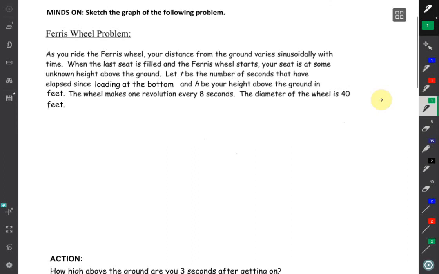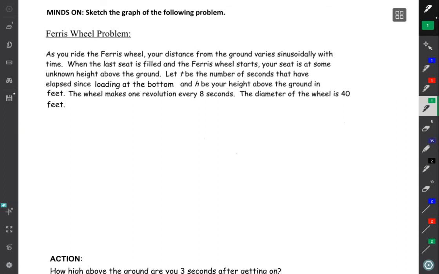Whenever I draw sinusoidal functions, we're always concerned about those 4 key points. If you remember, on the Cartesian plane, the 4 key points are when the rotational arm is on the x-axis, then when it's on the positive y-axis, then when it's on the negative x-axis, the negative y-axis, and then back to the positive x-axis. That's one full circle.